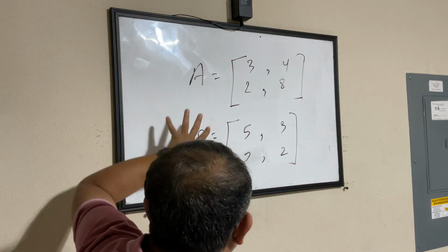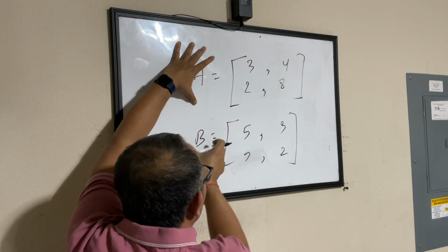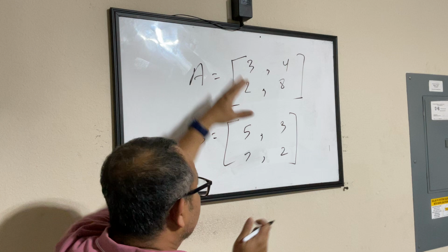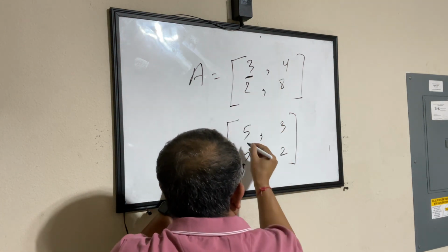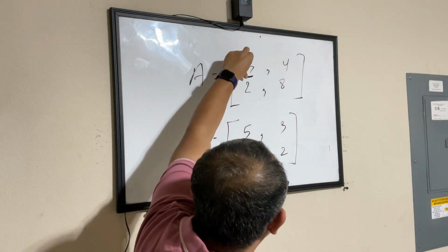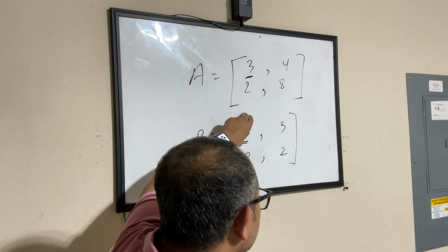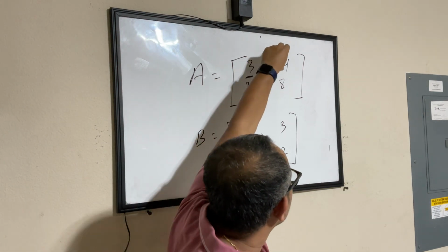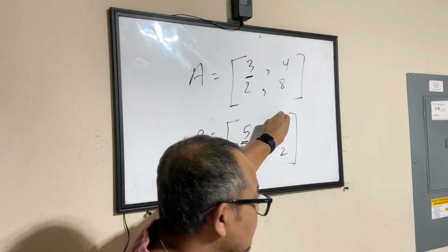So when you're talking about A plus B, you're talking about adding the elements of these two matrices, and what you have to be careful about is that the elements in the same position get added. First row, first column element gets added with first row, first column element of this one. First row, second column element gets added with first row, second column.